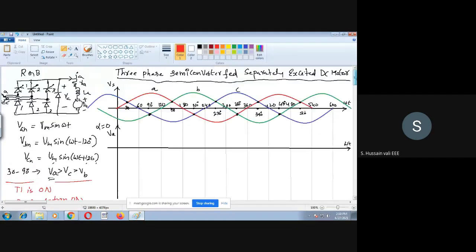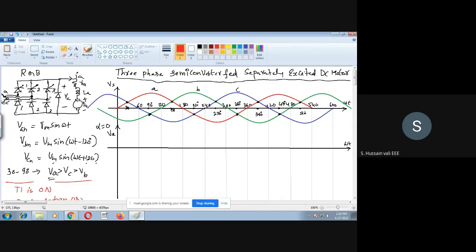For example, assume that D3 is on. Then the voltage here is C, so phase C voltage.